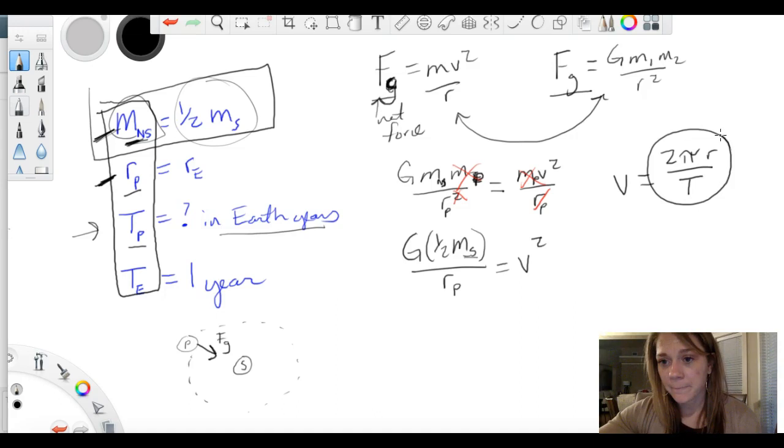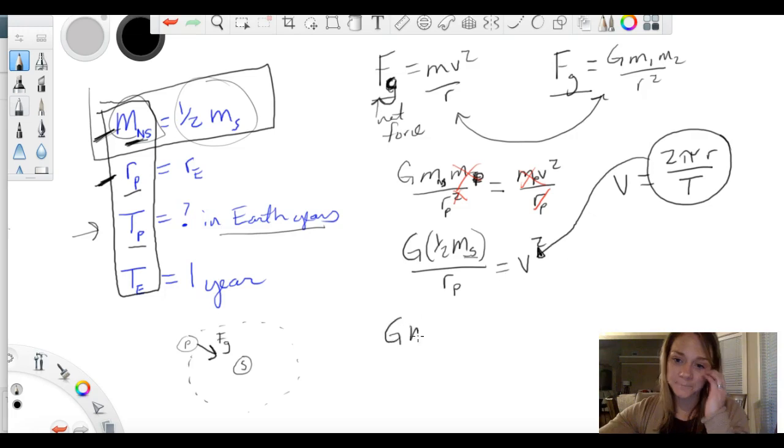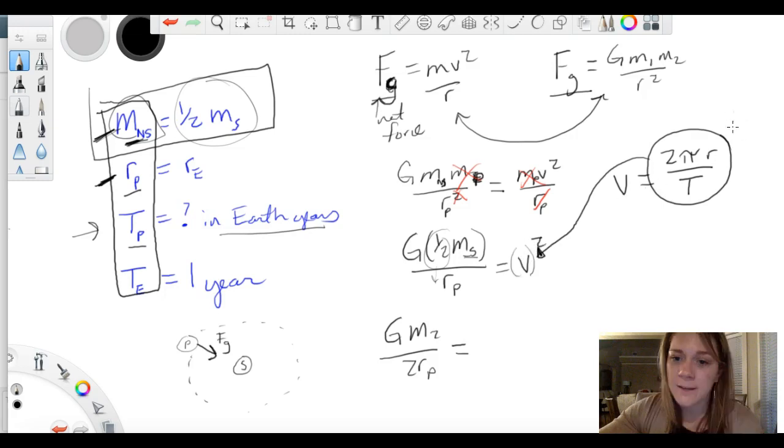So I'm going to take this and substitute that in for the velocity. So now I'm going to have G, mass of our sun, over 2rp. Notice I brought the 1/2 down. And I'm going to equal that to all of this squared. So V is squared, so now I've got to square every single one of these terms.